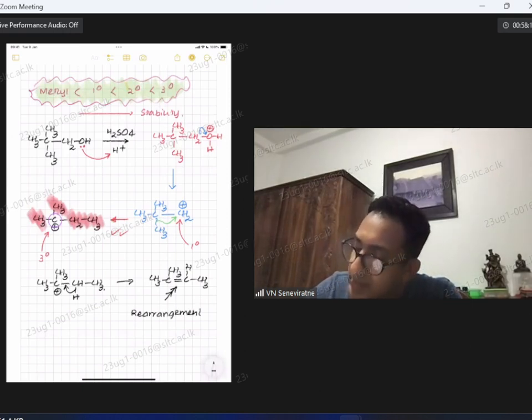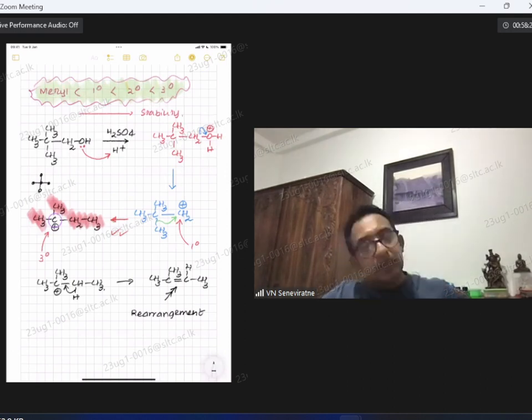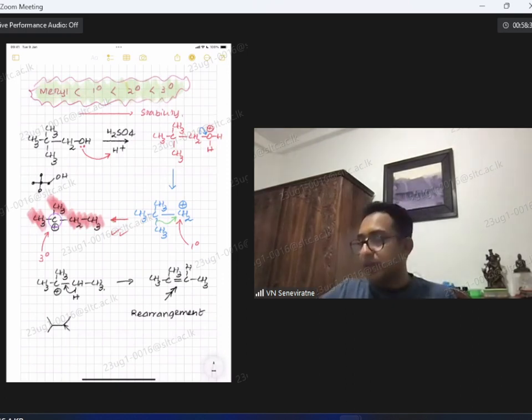So the carbon skeleton is completely changed. Look at that carbon skeleton. It's like a cross, and there are five carbons, like a cross. You have an OH at the end. But now, if you look at the structure, you have a structure slightly different from a cross.